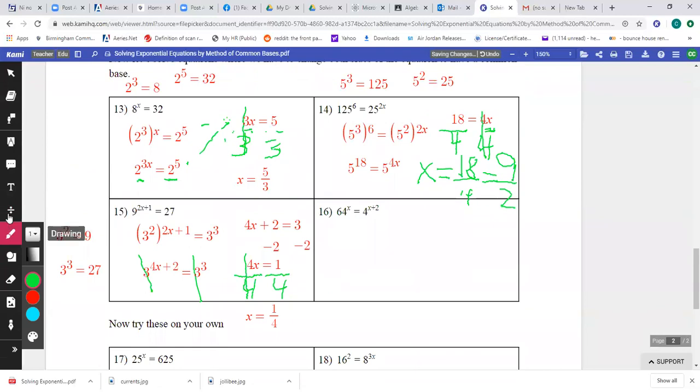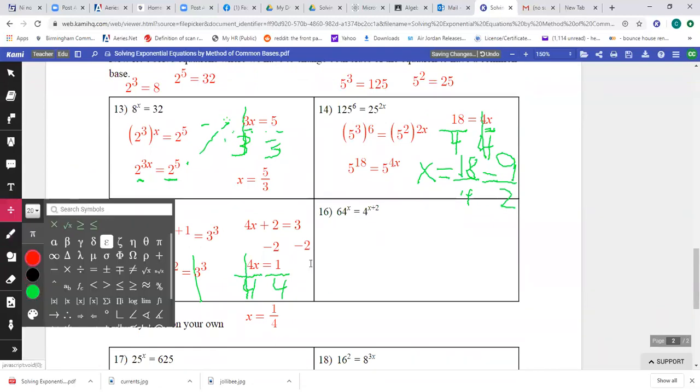So I know that 64 is 4 to the third. So I'm changing 64 to 4 to the third. I still keep that exponent of x. I actually do not need to do anything to the right side because the base is already 4.